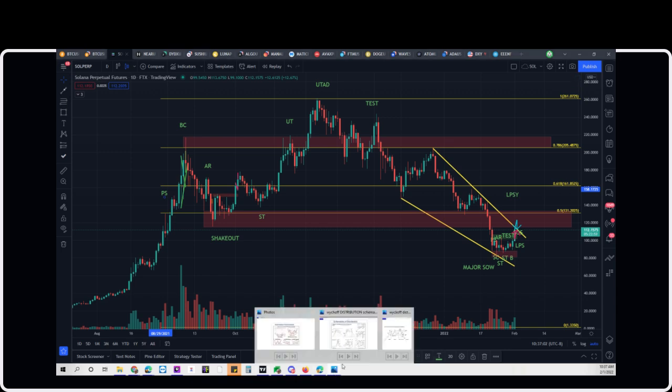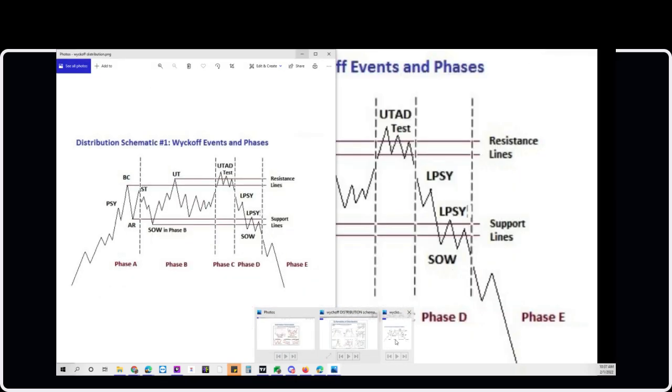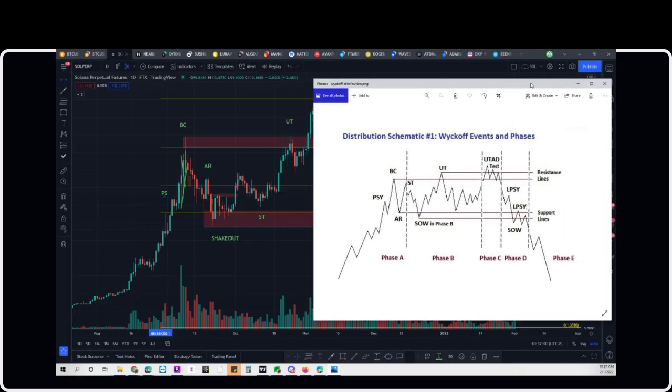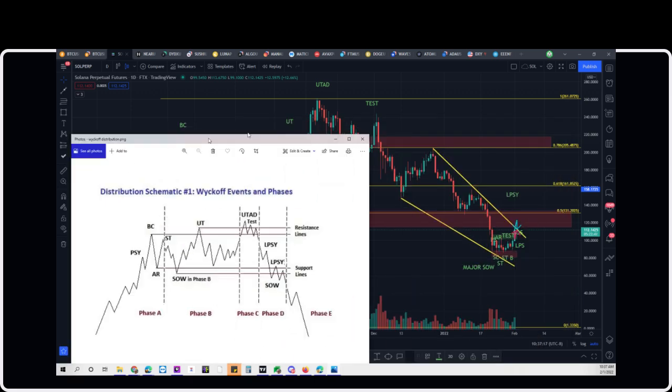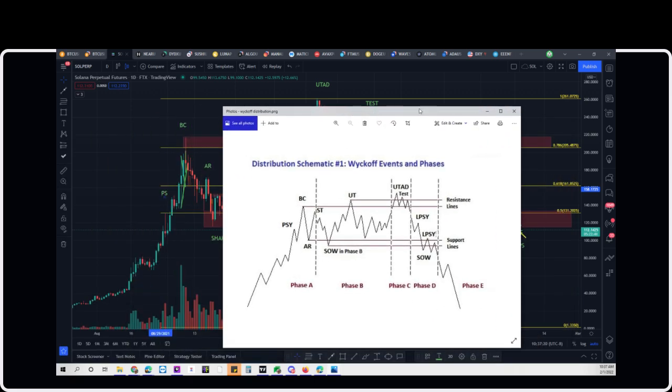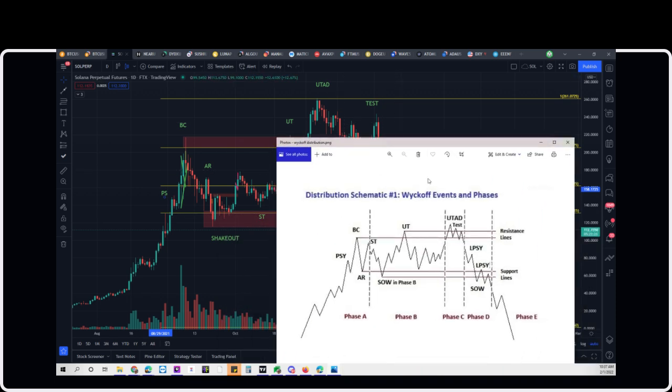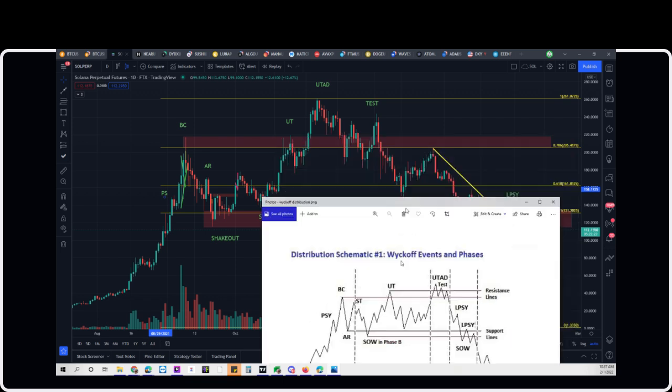The normal distribution schematic will show you that it's just a sign of weakness. But here, I don't believe we're using this basic distribution schematic, because we didn't get an upthrust after distribution in a test here, because we did not get the secondary support test here.